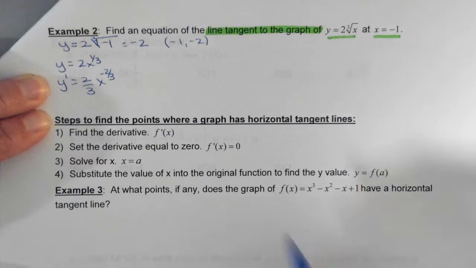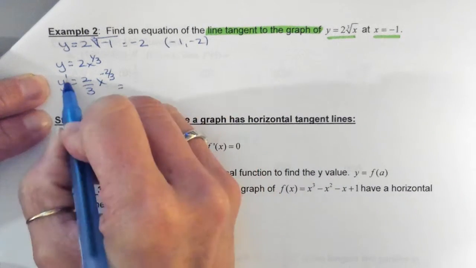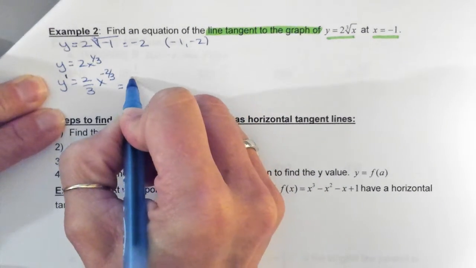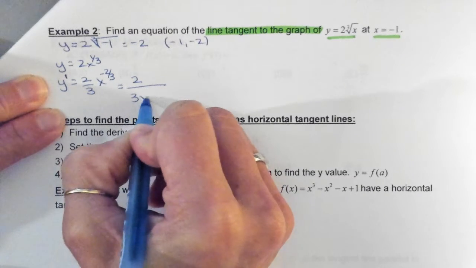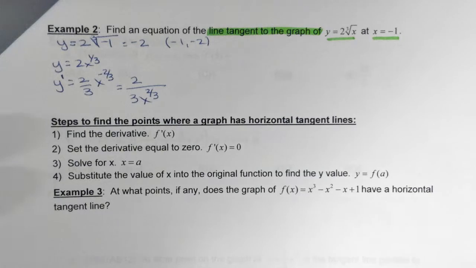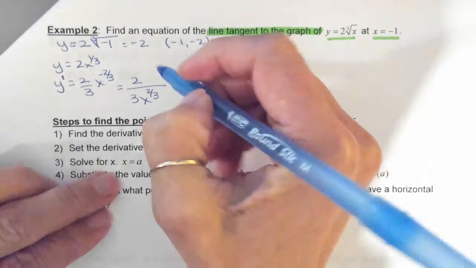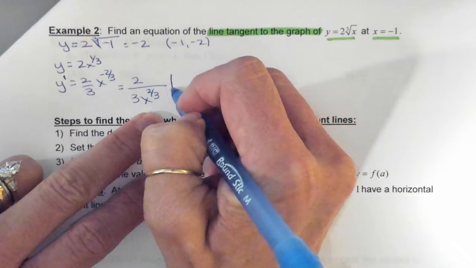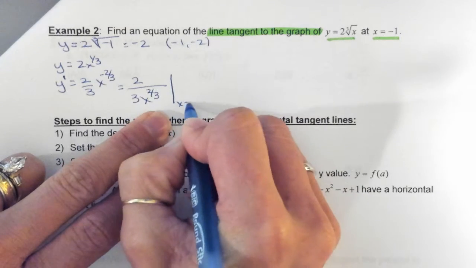Everybody okay? So when I simplify this, this is the slope. It's 2 over 3x to the 2/3 power. And we want to evaluate this where x is equal to -1.